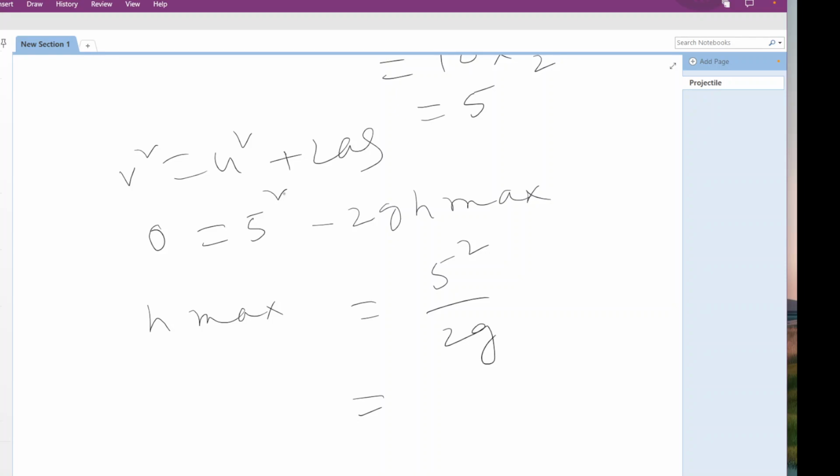From the calculator, it gives 1.274 meters to 3 decimal places, the maximum height that the stone reached.